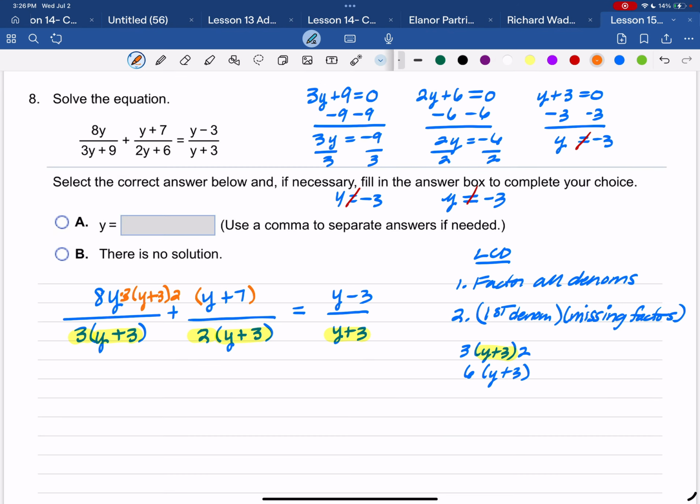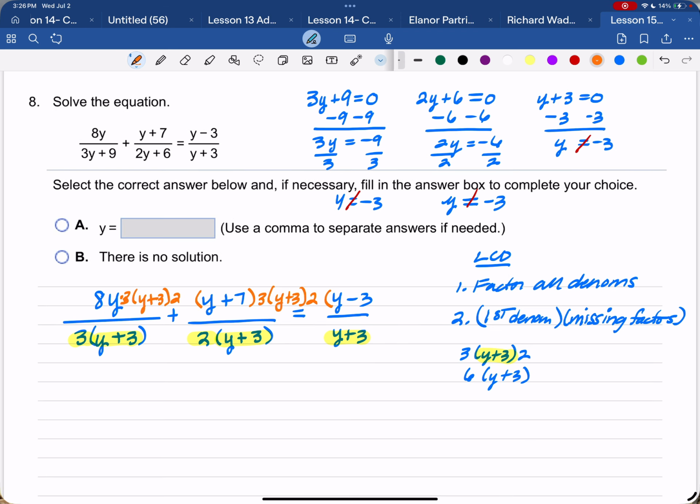Now, here I need to put parentheses because that's a binomial. 3, y plus 3, and 2. And the same thing for this last one. 3, y plus 3, and 2. And you could put the 6 there. You just have to do reducing fractions or division.